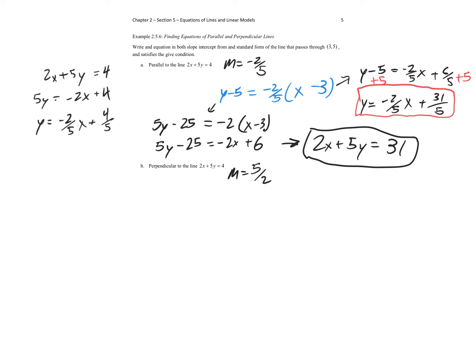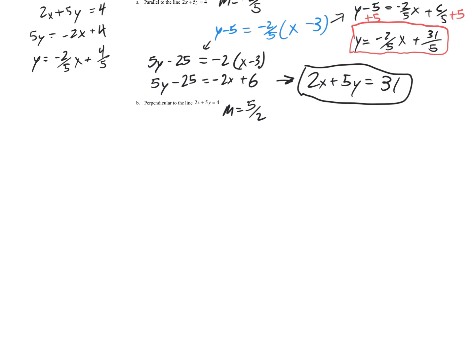on the right-hand side. Okay, so let's go ahead and do the other version of this, with the perpendicular line. Same idea. Let's start with our point-slope formula: y minus 5 equals 5/2 (x minus 3). And again, from this point, we can convert to both forms. Let's start with the slope-intercept form.